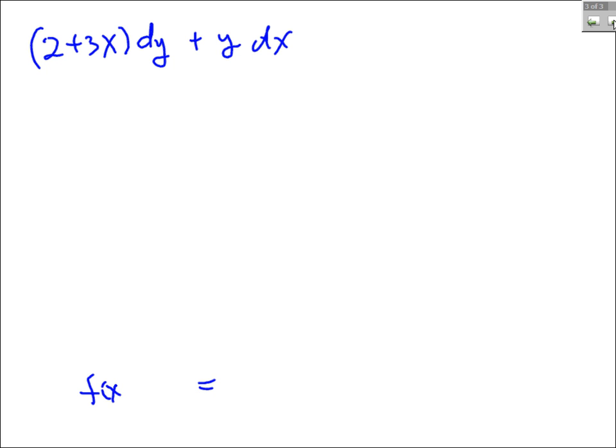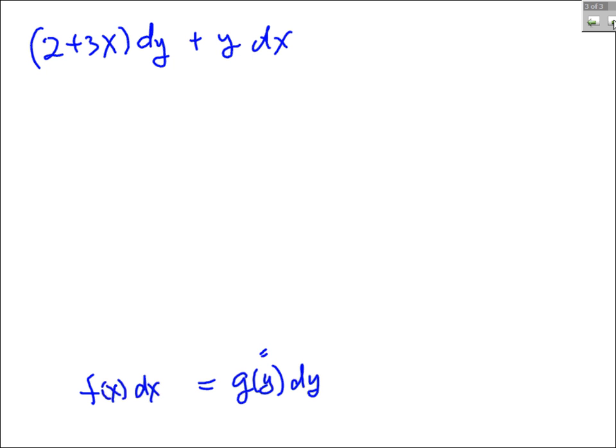You're going to use that a lot in separable differential equations, or in separating the differential equations. You have 2 plus 3x times dy plus y times dx. Now, before I go on, our goal is to get some function of x times dx equals some function of y times dy.